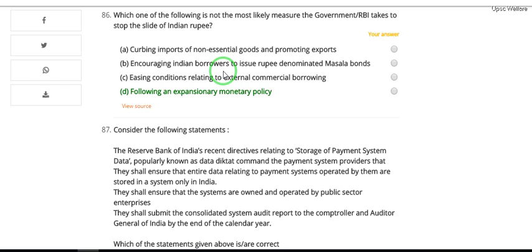Encouraging Indian borrowers to issue rupee-denominated masala bonds is also by RBI. And the third one, easing conditions relating to external commercial borrowing, is also a measure. So only D is not. Expansionary monetary policy is not a measure taken by the RBI or the government.